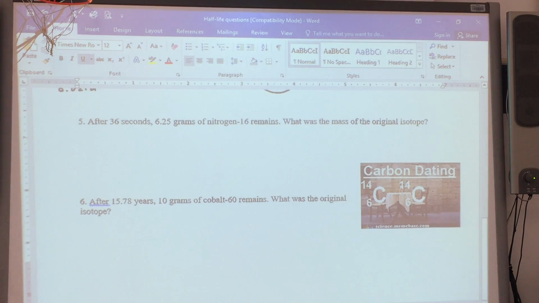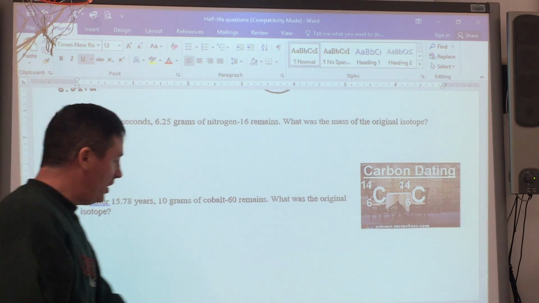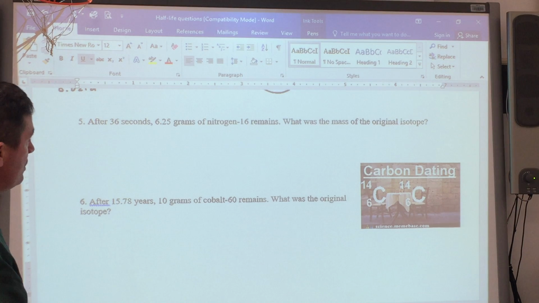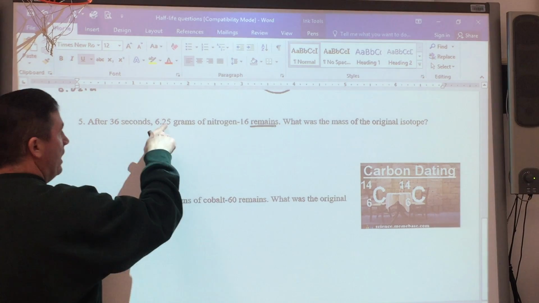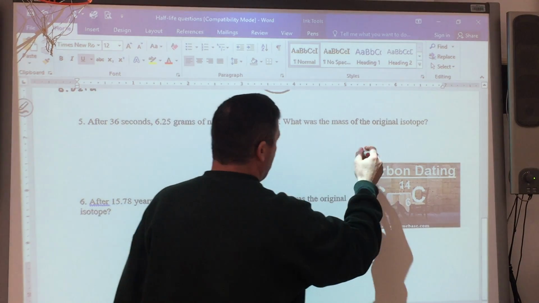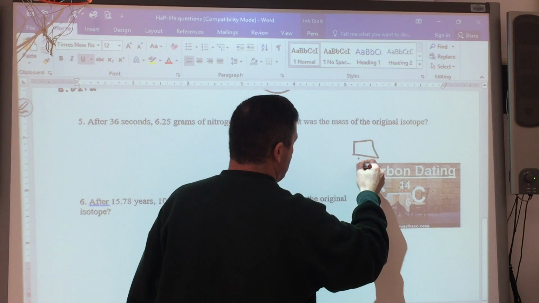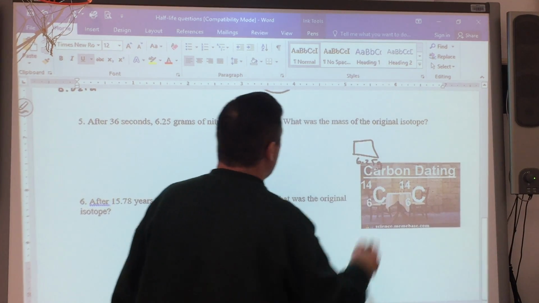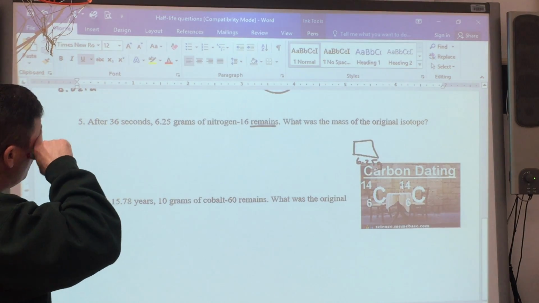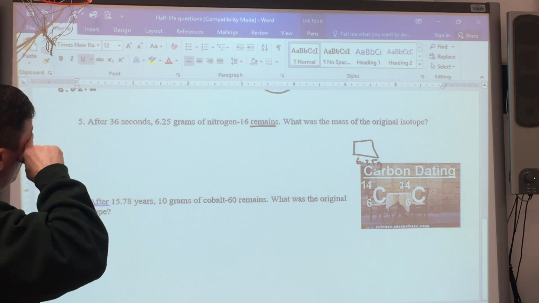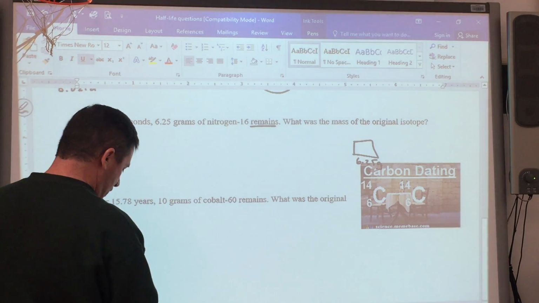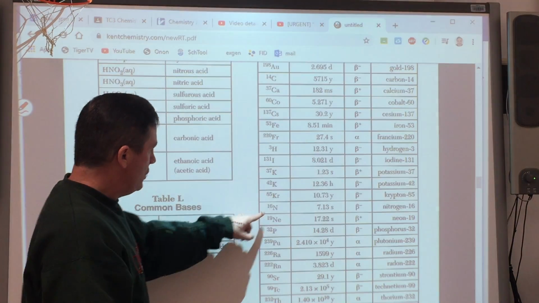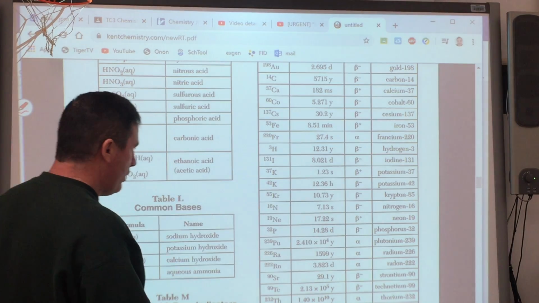After 36 seconds, that many grams of nitrogen-16 remains. What was the mass of the original isotope? Okay, so now it's the next level of difficulty. It remains. So in this case, I have to start over here. And 6.25 grams remains after 36 seconds. So, this is another piece. I have to look up nitrogen-16. Nitrogen-16 is here. It's 7.13 seconds.